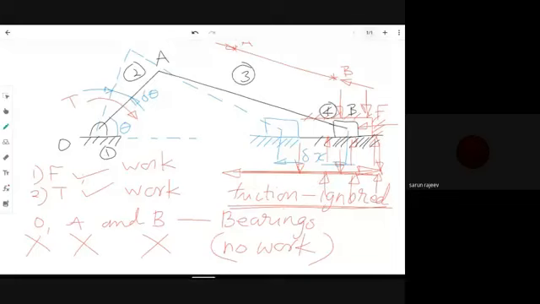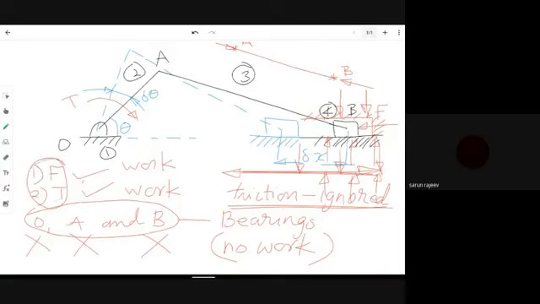Hence, the external torque and force that are generating work within the system are only F and T. All the bearing reactions at O, A and B do not do any work. Then the forces generated by the cylinder onto the piston when the piston is sliding also do not do any work. I hope this is clear.